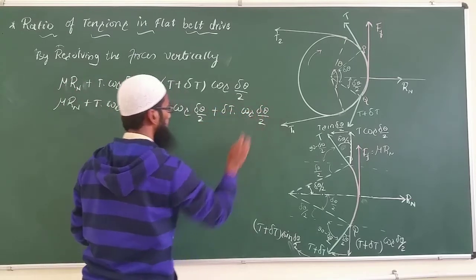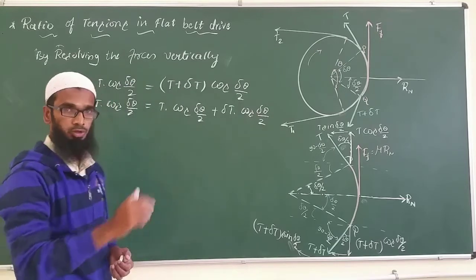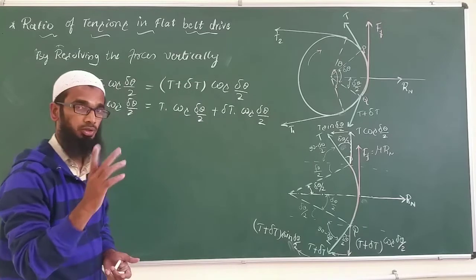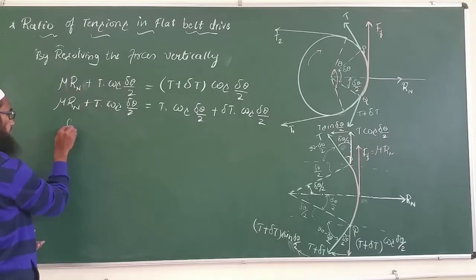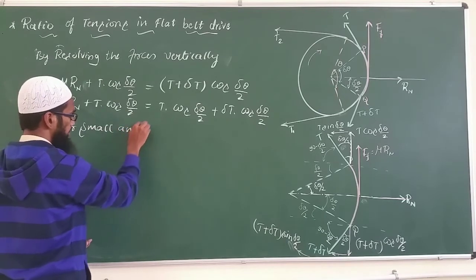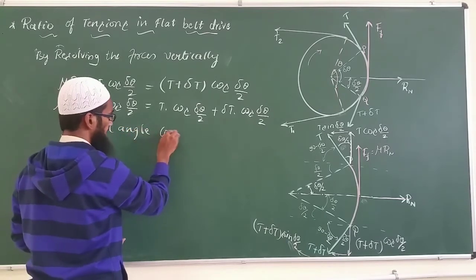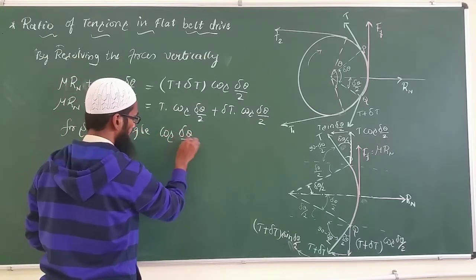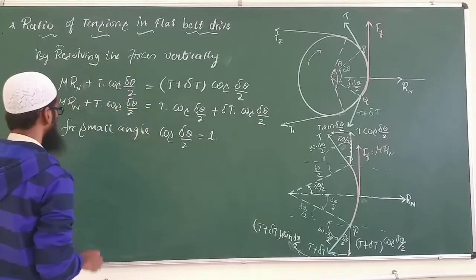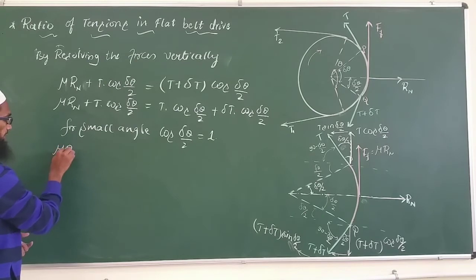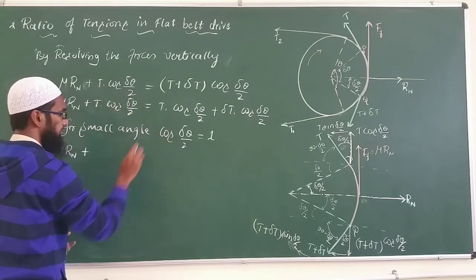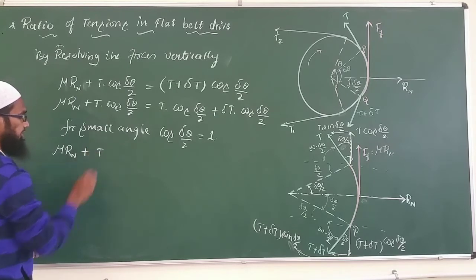But we know that for a small angle the cos function will become 1, like cos 0 is 1. For a small angle, I will take cos(∂θ/2) equal to 1. We just take this form here: μ into Rn plus, in place of cos(∂θ/2) I'll take 1, which gives T here.